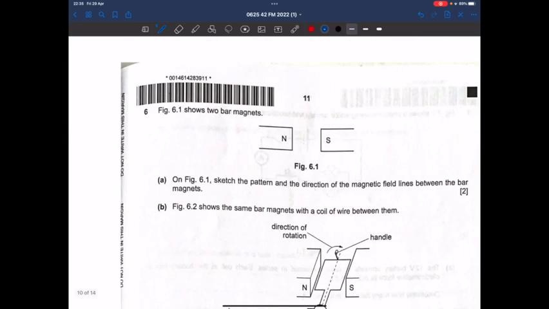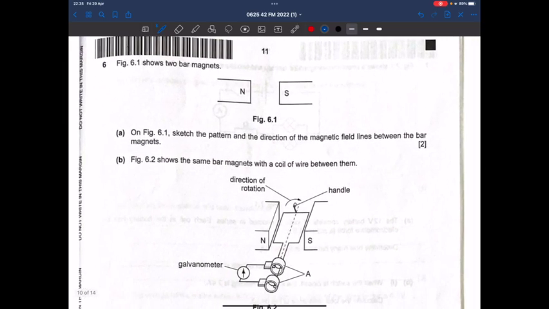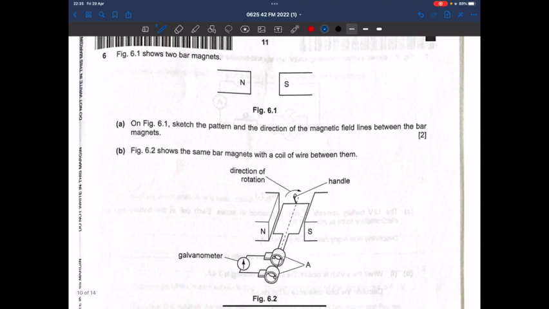Fine. The next part here in question 6, electromagnetism. Figure 6.1 shows two poles of a magnet. On figure 6.1, sketch the pattern and the direction of the magnetic field lines between the poles of the magnet. Well, let's do that.